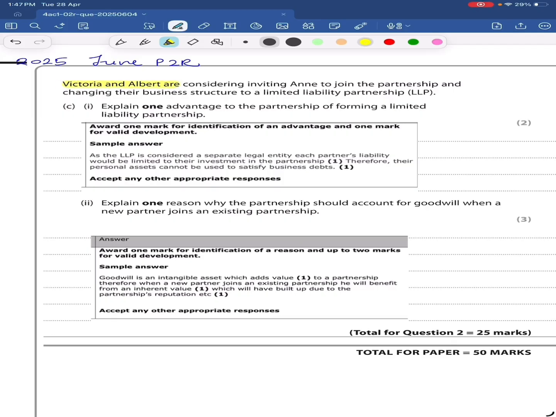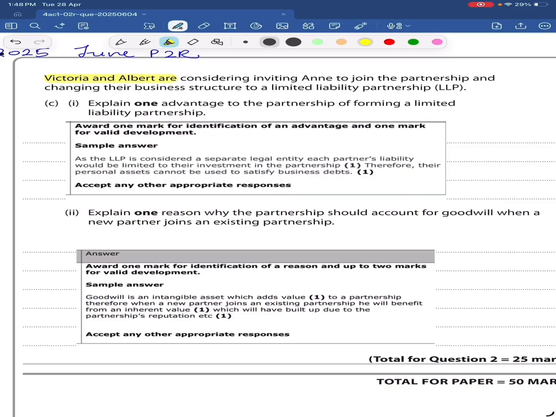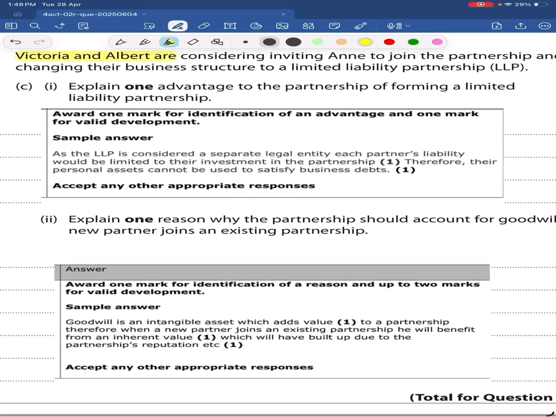Victoria and Albert are considering inviting Anne to join the partnership and changing their business structure to a limited liability partnership, LLP. Part C, Roman number 1. Explain one advantage to the partnership of forming a limited liability partnership. In this case, it's an explain question, and this is for 2 marks. Give a point and then analyze.